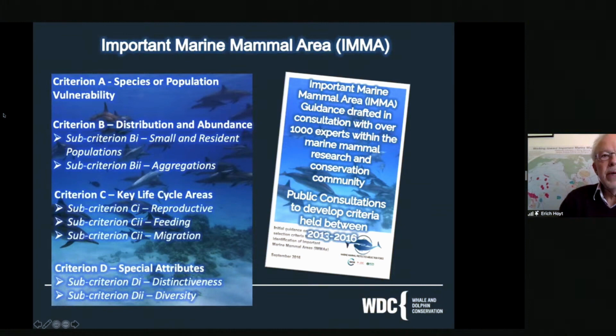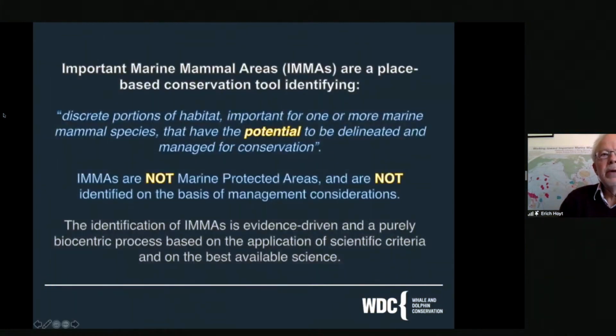They're not marine protected areas, and they're not identified on the basis of management considerations. And it's very important to say that they are evidence-driven, and it's a purely biocentric process. There's no political or socioeconomic input. And we like to say this is what the animals themselves would want if we could, in terms of the best science that we can put together.